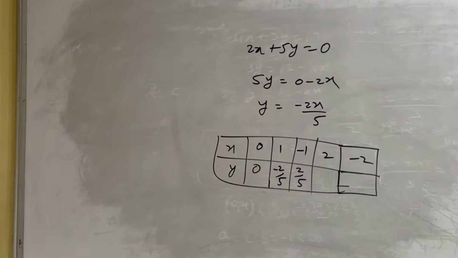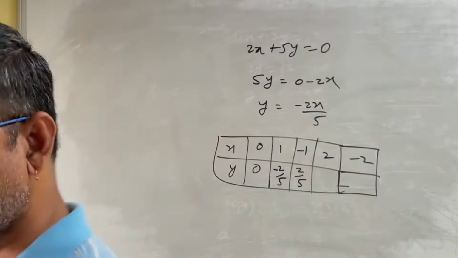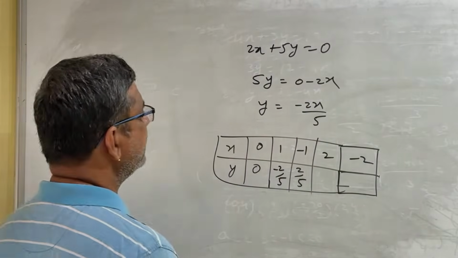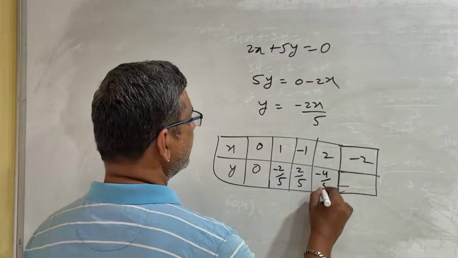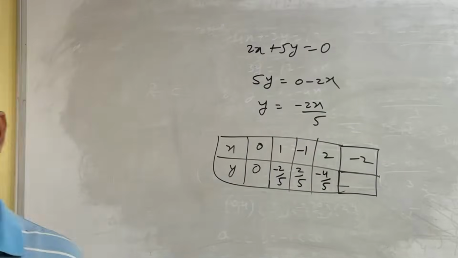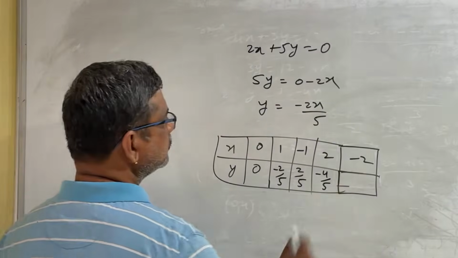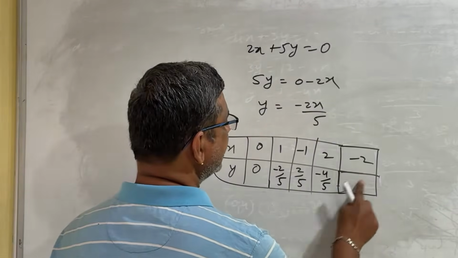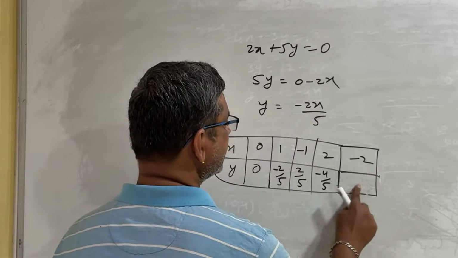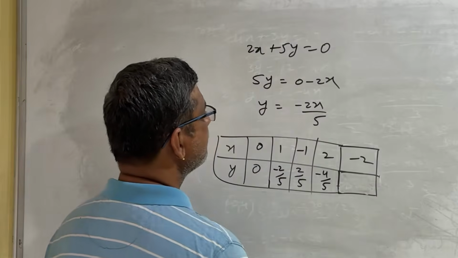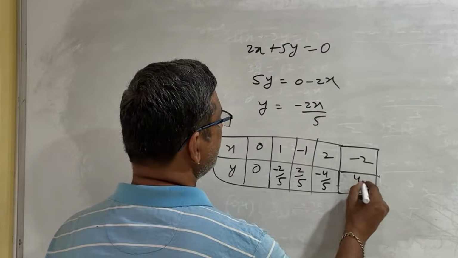If x is 2, then y will be negative 4 by 5. And if x is negative 2, then what is y? 4 by 5.